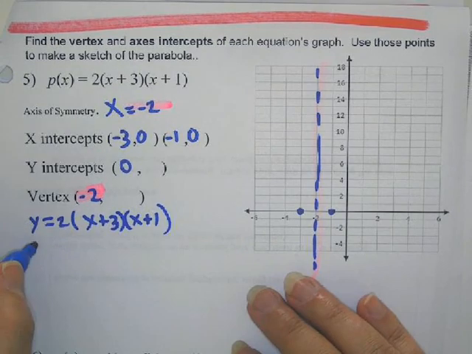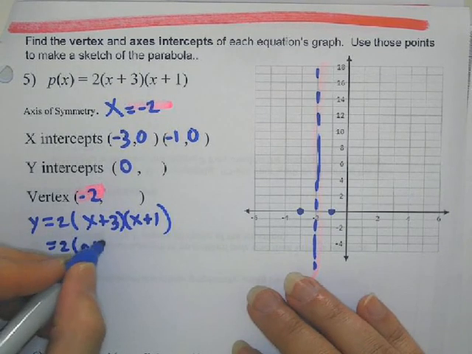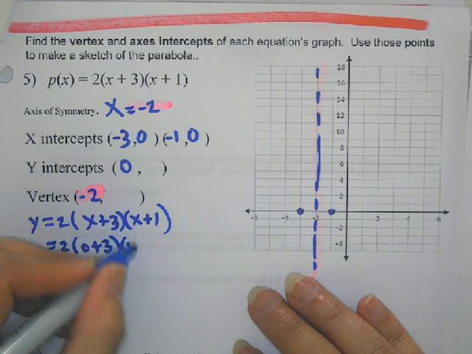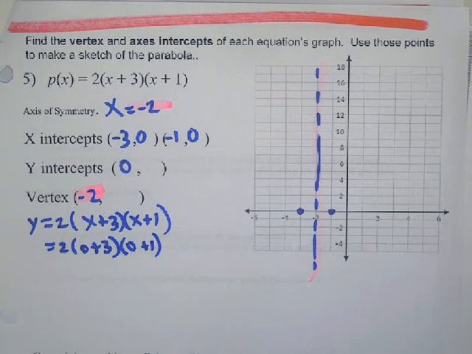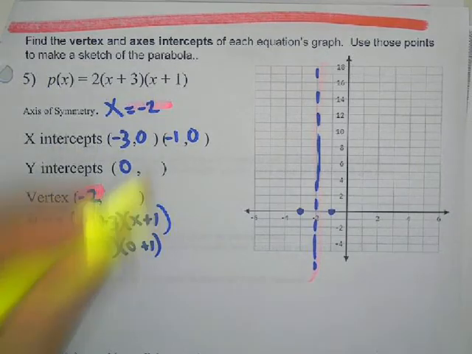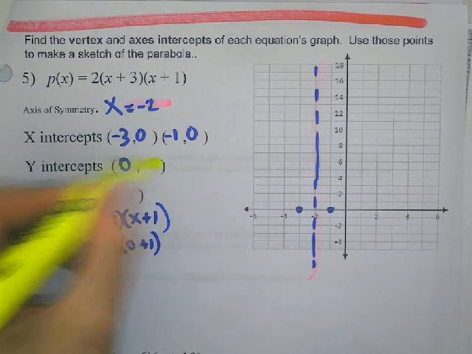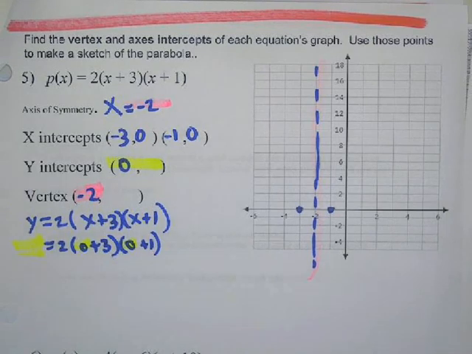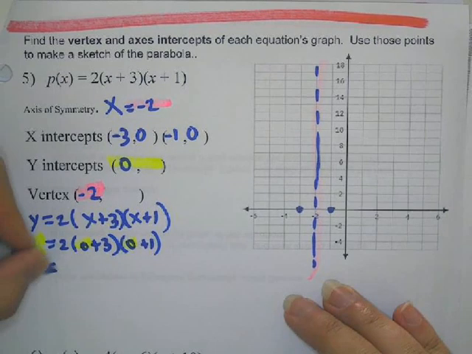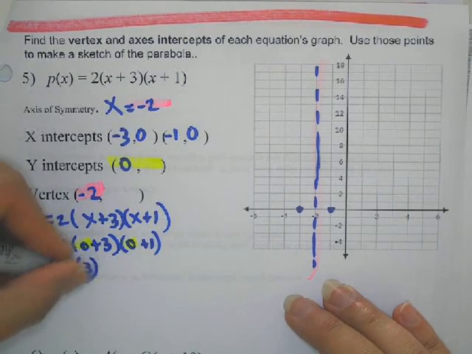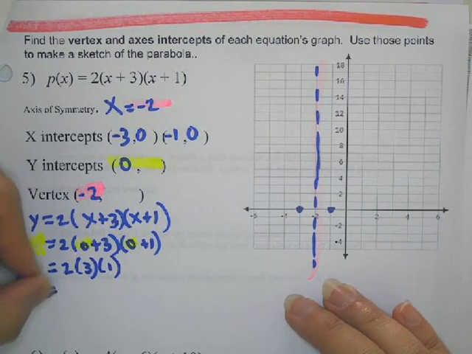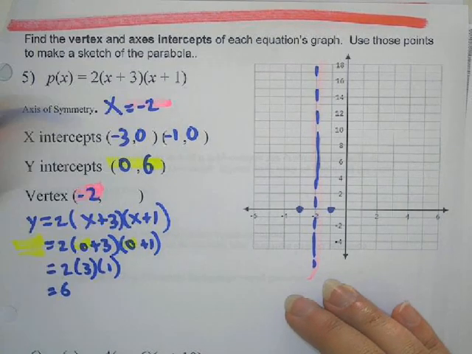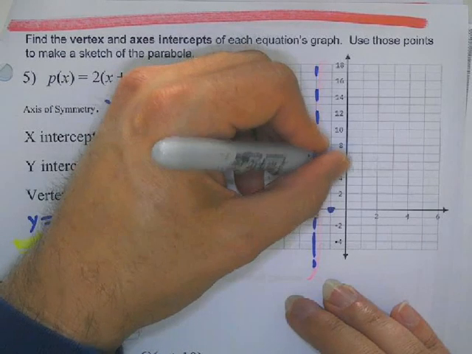So our y-intercept is going to be, we're going to replace x with 0 to find our y-intercept. So then we get 2 times 3 times 1, which is going to give me 6. So 0, comma 6 up here.